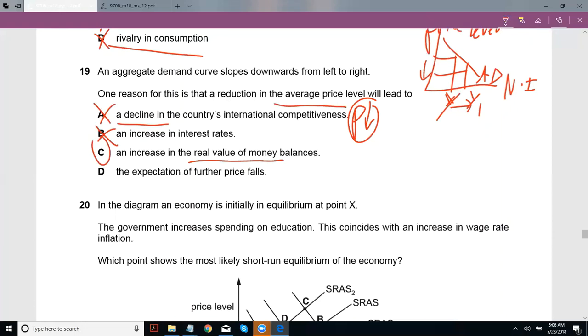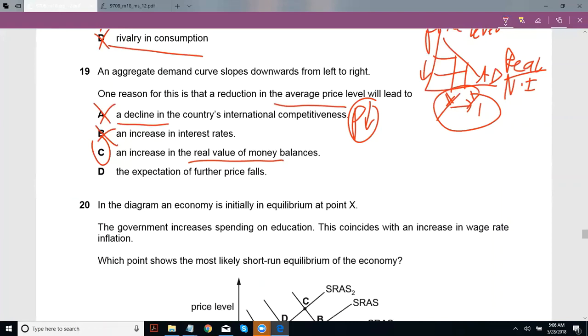One could also link it back to this, because if the real value of money goes up, then whatever you have with regards to income should also increase, because this is your real income. Your output may be the same. However, with regards to real income, it improves. Let's say you can take real GDP on the x-axis as well. It's really the same thing.